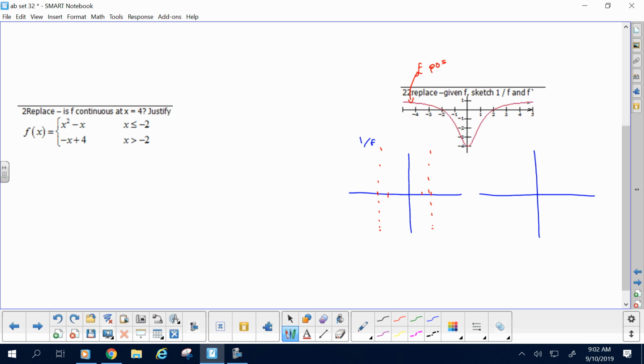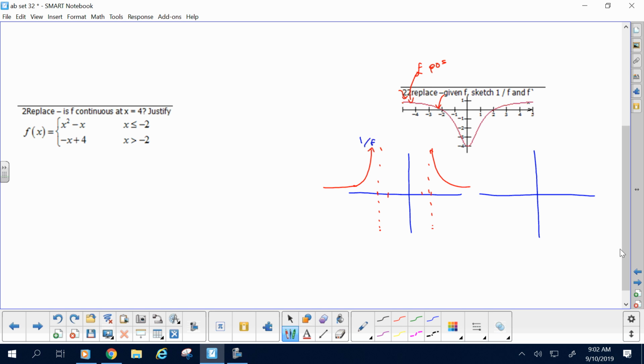And then shape-wise, I'm not sure about here. I guess those are getting bigger. So as these get bigger, what does 1 over f get? Smaller. Here, close to the 0, as those get really, really small, the reciprocal gets 1 over small, which is big. And so it should look like this on the outsides.